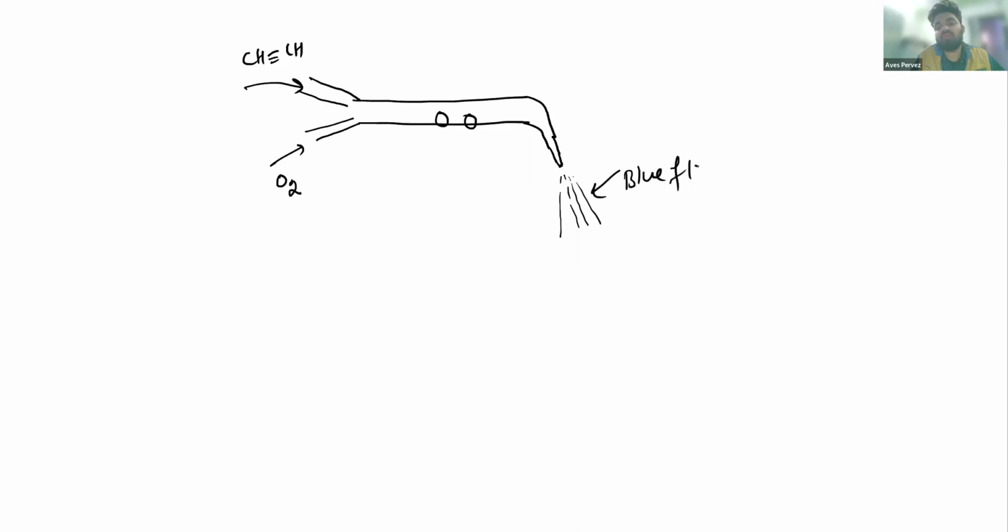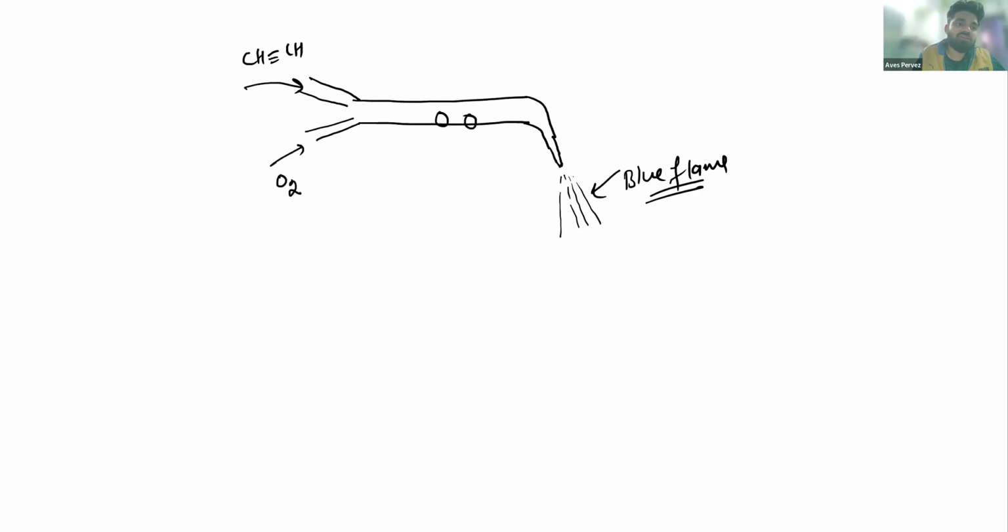It has two pipes: one is for CH triple bond CH, and another is for oxygen. When they combine together and we have an extra supply of oxygen, it burns with a blue flame, which is suitable for welding purposes.